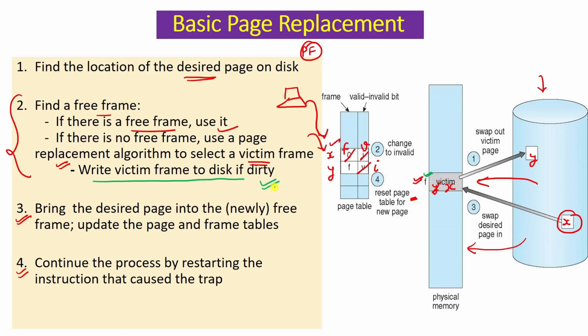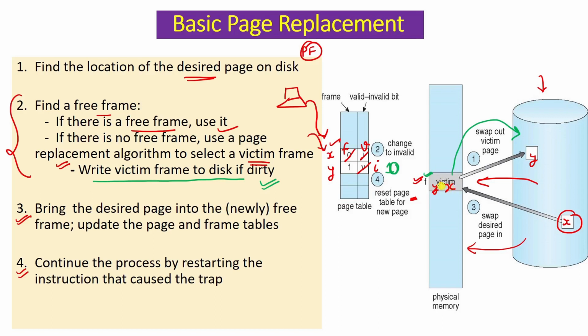As we have seen in demand paging, if the dirty bit is 1 for this particular frame, for this F, that means it should be brought inside the hard disk. But let's say it was 0. Then during page replacement, X can directly be copied here.